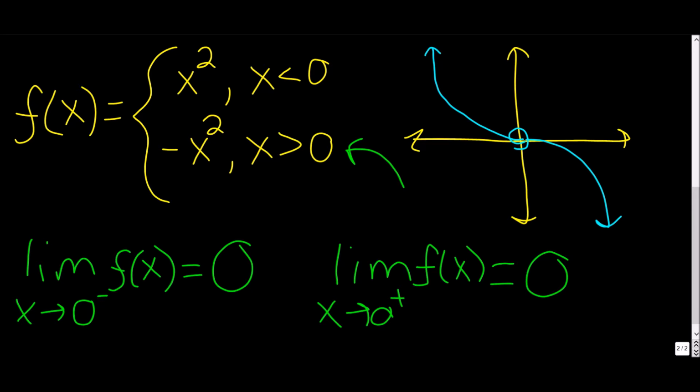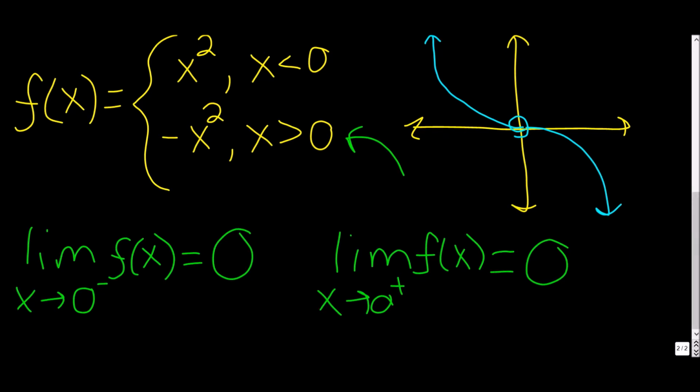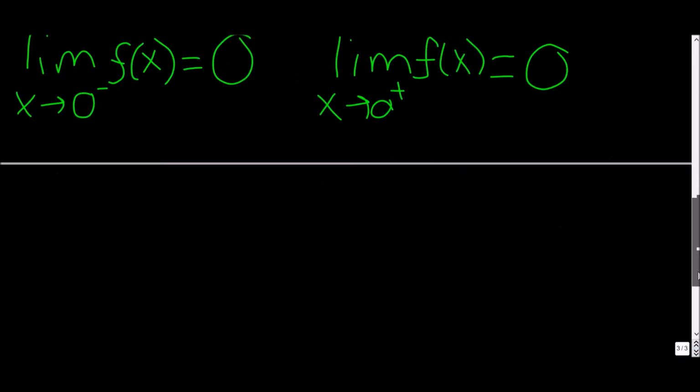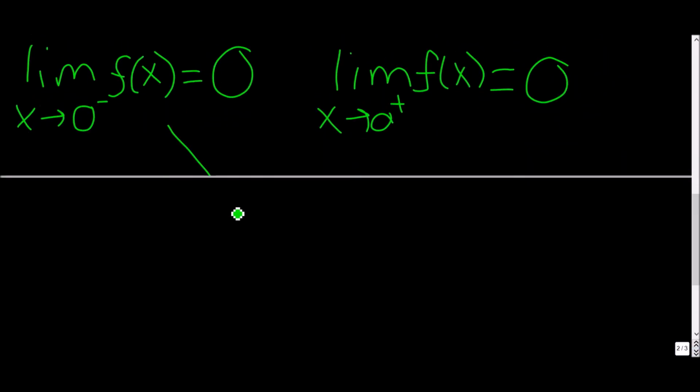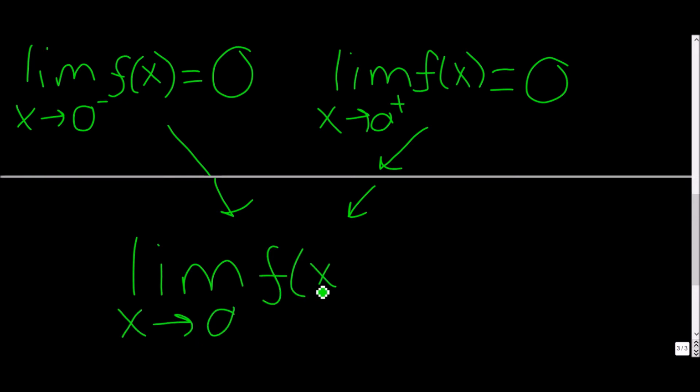Now, what this means is that our overall limit, the double-sided limit, implies that the limit as x approaches 0 of f of x equals 0 overall. It's because the left and the right side agree.